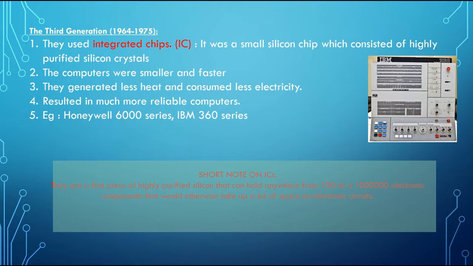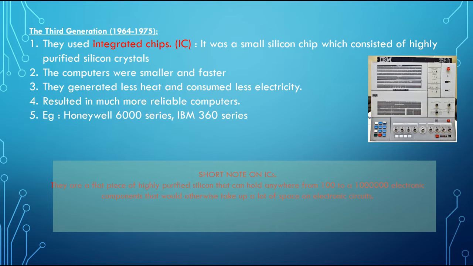So they would put different electric components, that is resistors, transistors and capacitors, into a really small silicon chip, and they would function as a whole electronic computer, as a full-sized electronic circuit, which primarily used up a whole lot of space.